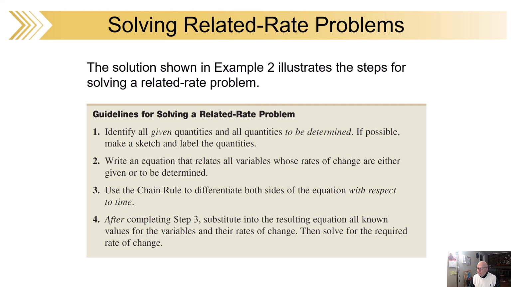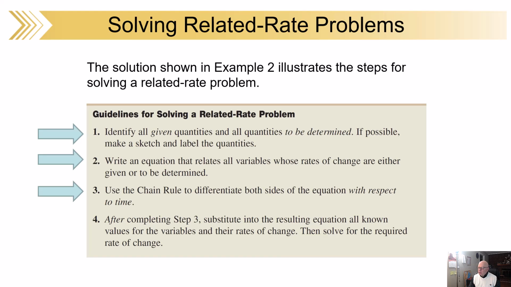Now, here are 4 steps you can use to follow. Figure out what quantities are given, what you have to find out. Make a picture and label the picture. Label the pieces in the picture. Write the equation that puts all those things into one nice package.